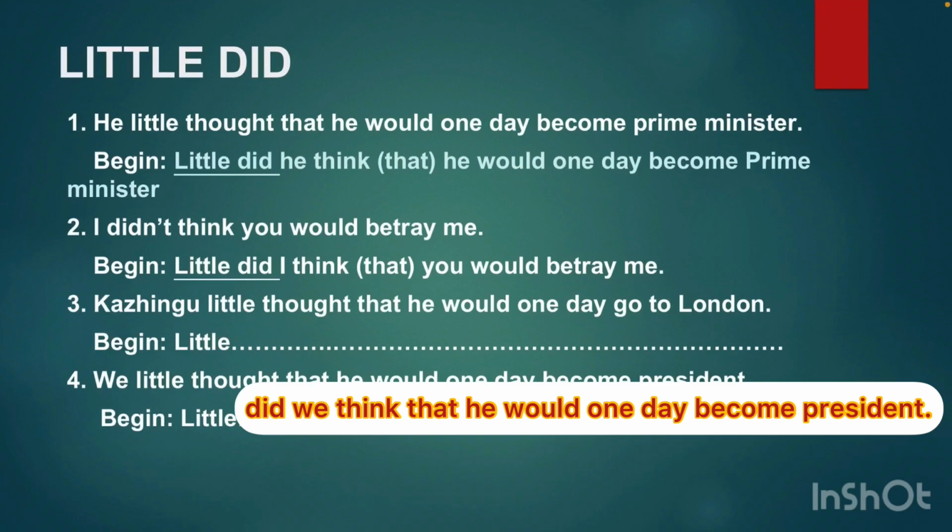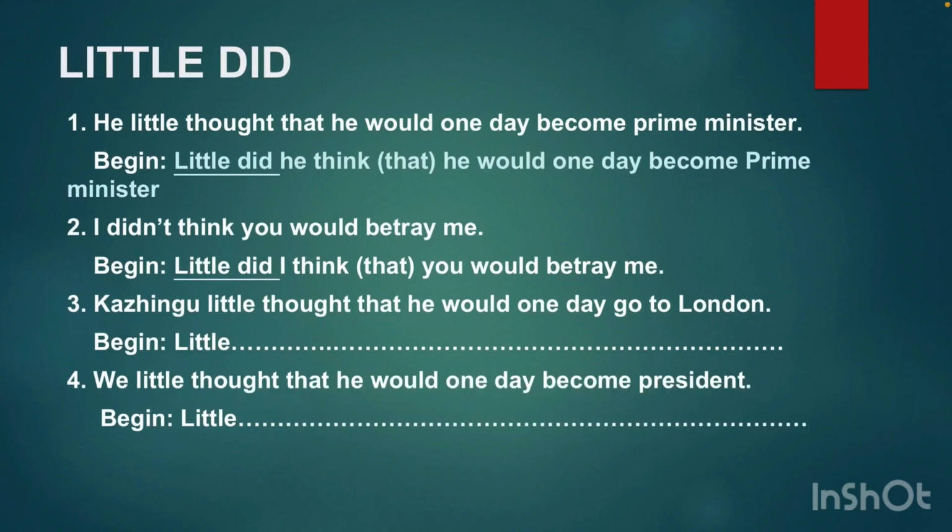So the only strategy here is that you have to change the main verb to present. You are doing the opposite for the unreal past. The unreal past, you change the main verb to past. But here you change the main verb to present. That's how you deal with little did.